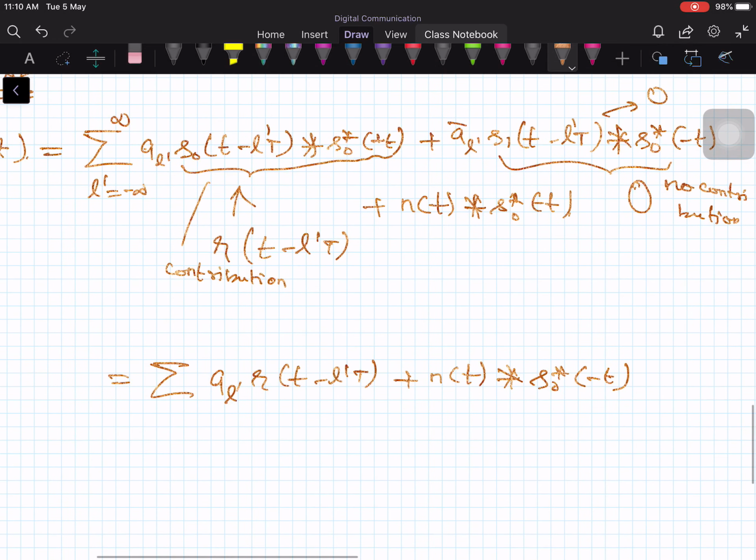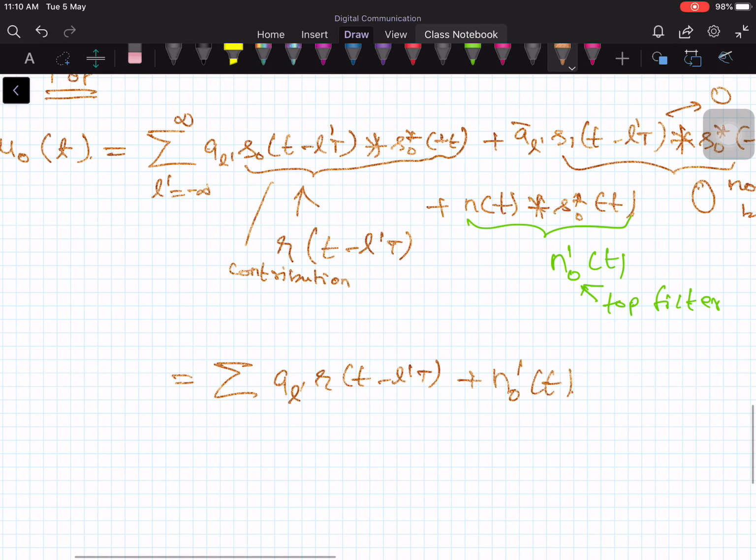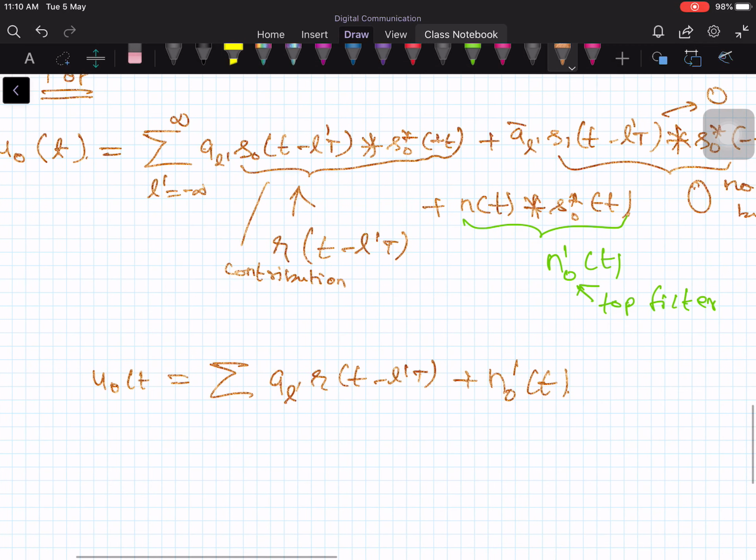Now let me call this n0 prime of t, where 0 indicates the top filter. Therefore the whole thing I replace by n0 prime of t. So this finally is what I am getting at the output of the first filter, the top filter.